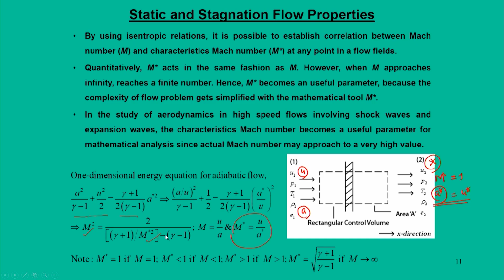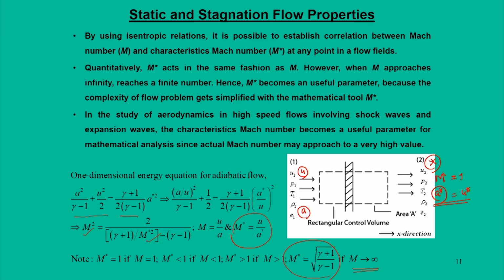So, one important inference that we can draw is that M star acts in the same fashion as M. However, when M approaches infinity, looking at the expression, M star approaches a finite value. This is where the catch lies that I was trying to emphasize.